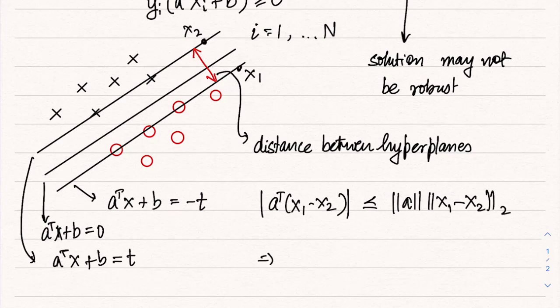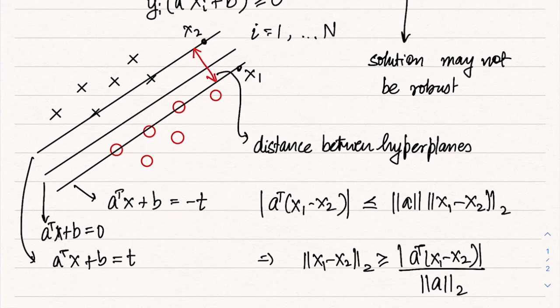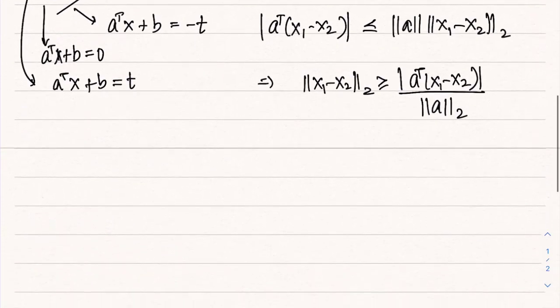Therefore, norm of (x1 minus x2) is greater than or equal to absolute value of A transpose (x1 minus x2) divided by norm of A. And what is this quantity?